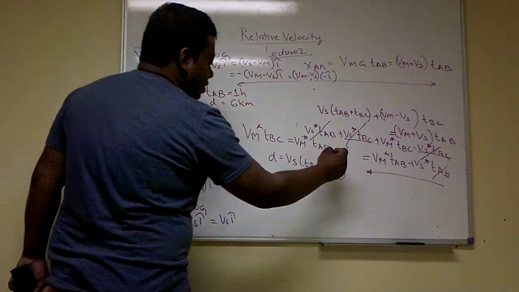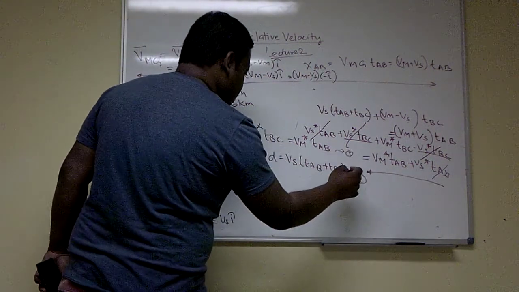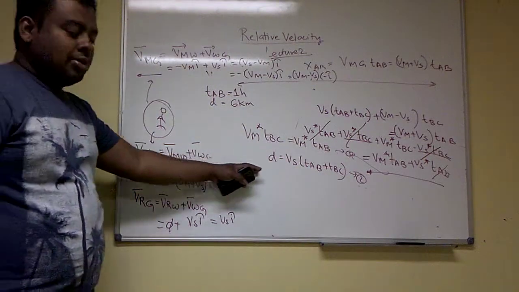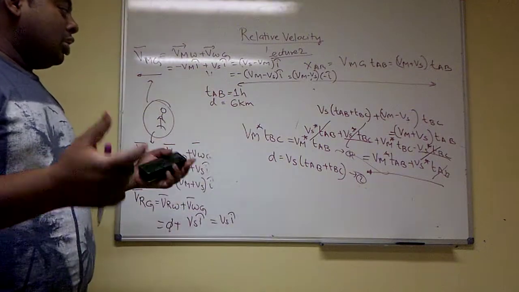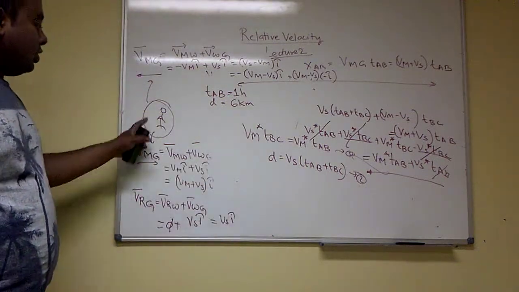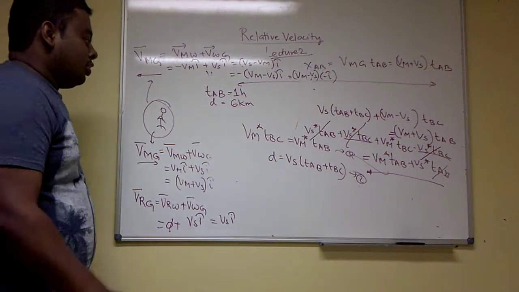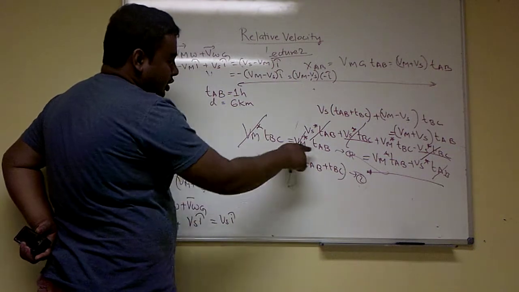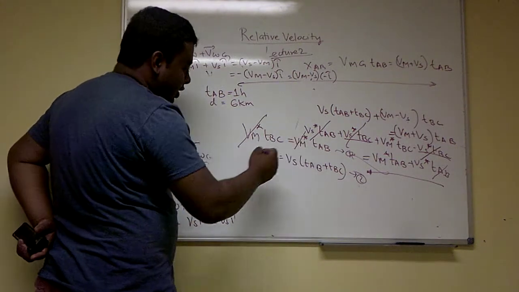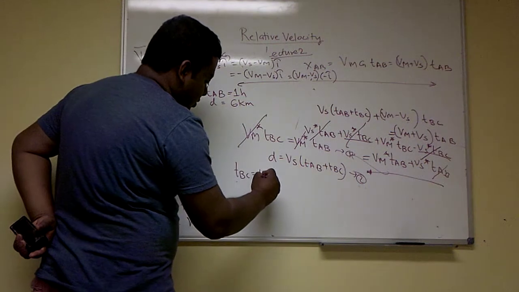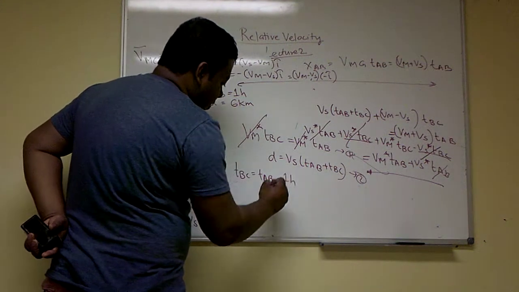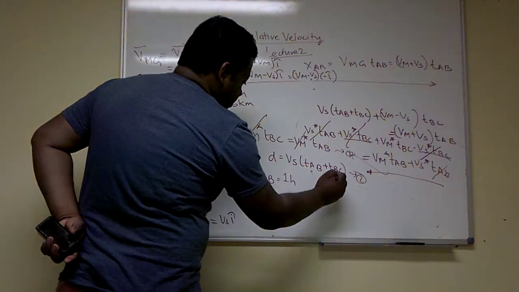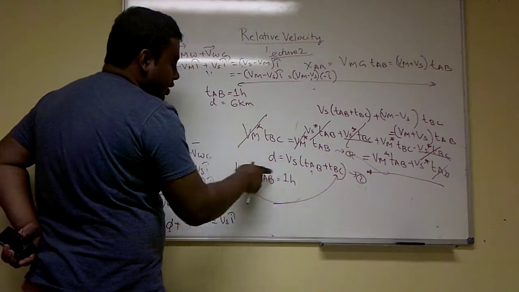So we got these two equations here, one coming from conservation of distance and the other coming from how much the raft has traveled in total time of TAB plus TBC with respect to the ground observer. From the first equation, TBC is actually TAB, or 1 hour. If we put this back in equation number 2, we already know that TAB is 1 hour.